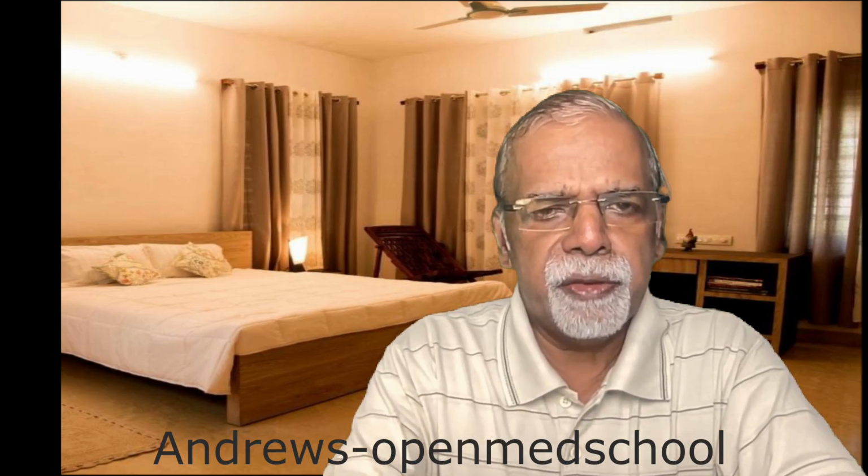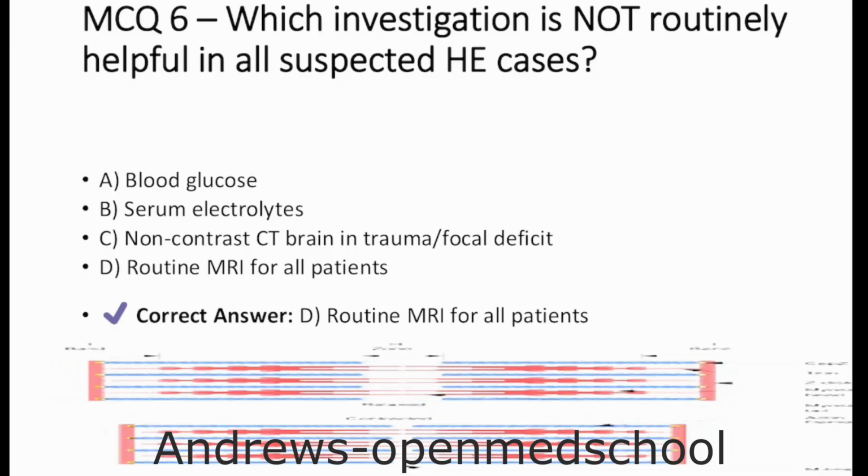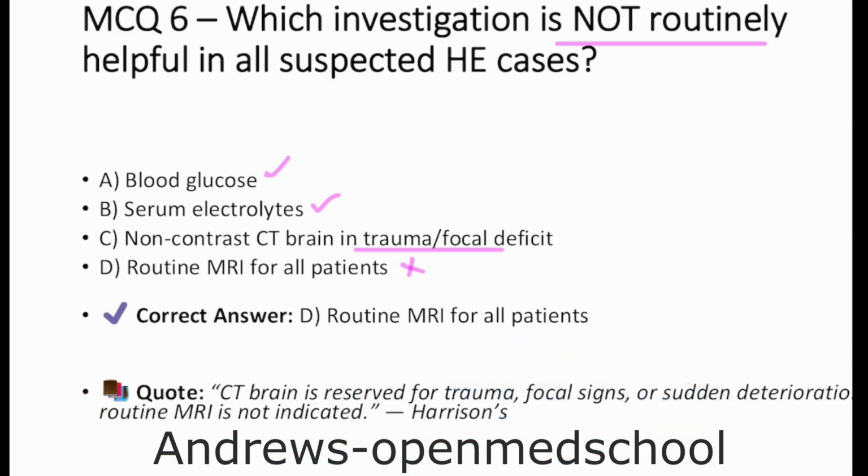Which of the following investigations is not routinely helpful in suspected hepatic encephalopathy? Blood glucose has to be done. Serial electrolytes must be done. Routine MRI for the patients is not done. Whenever there is a trauma or focal deficit, you go for imaging.